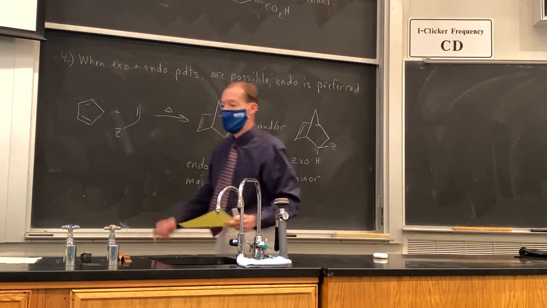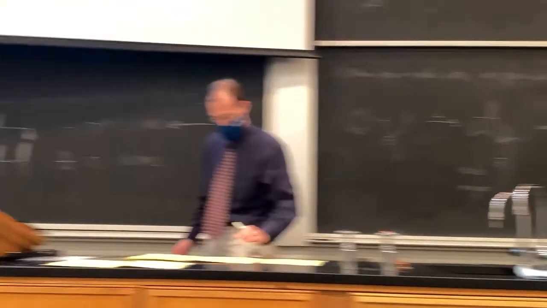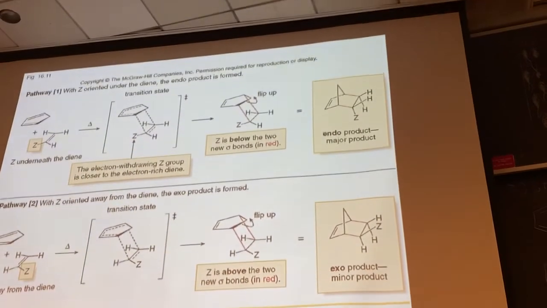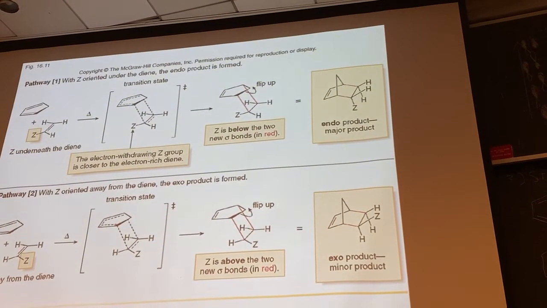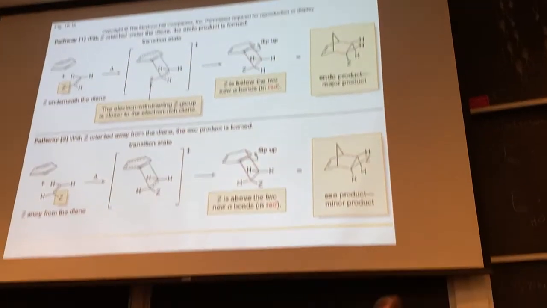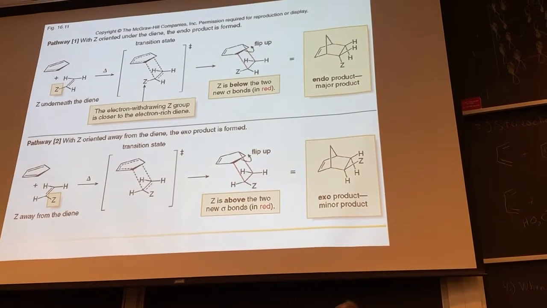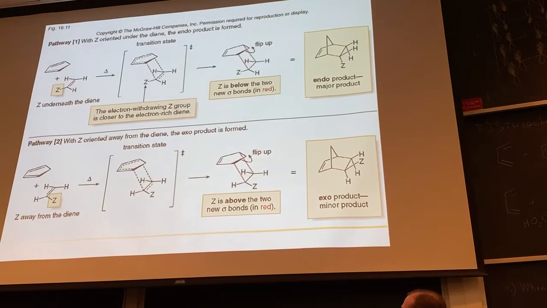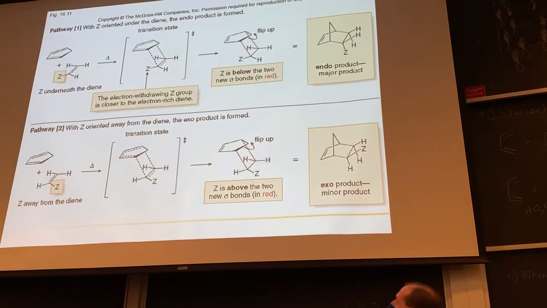Okay? So why is that? Let's take a look again at the screen. There's a really nice figure from the textbook that explains this for us. So we have our cyclopentadiene. We're bringing our dienophile underneath the diene. We could have it above. It doesn't really matter. We've just chosen to bring it in below.